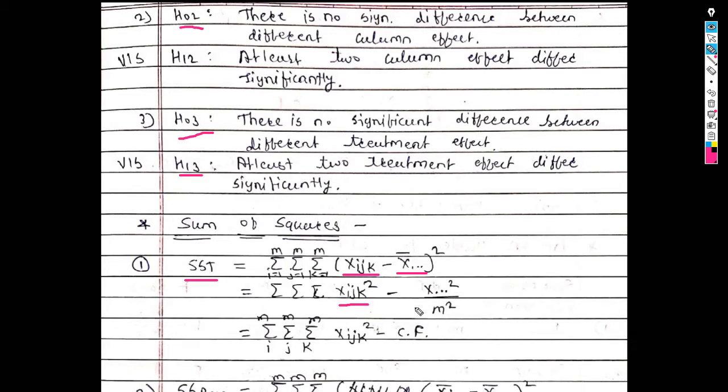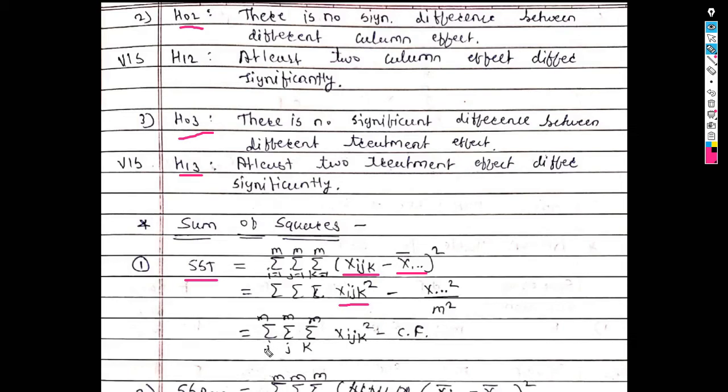In Latin square design, if we consider m number of treatments for comparison, then we get m square number of experimental units. It means we get m square number of observations in that particular experiment. And this term is nothing but our correction factor.